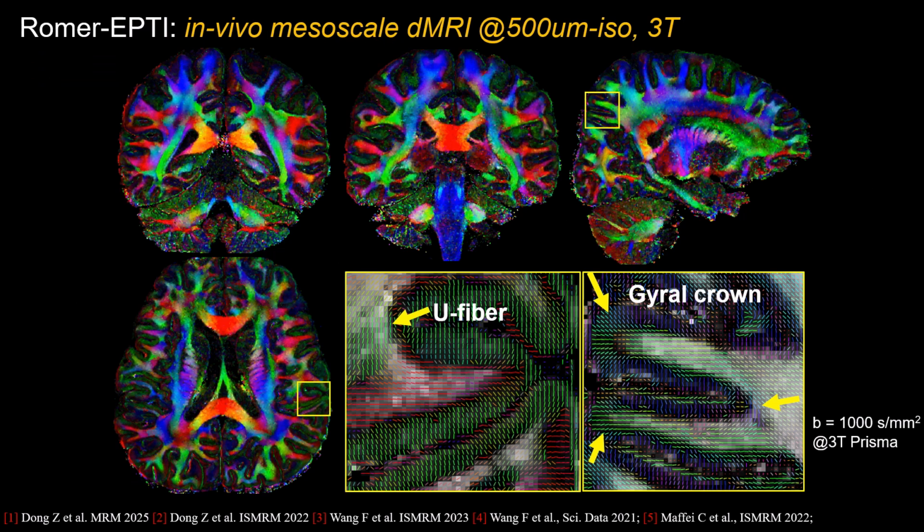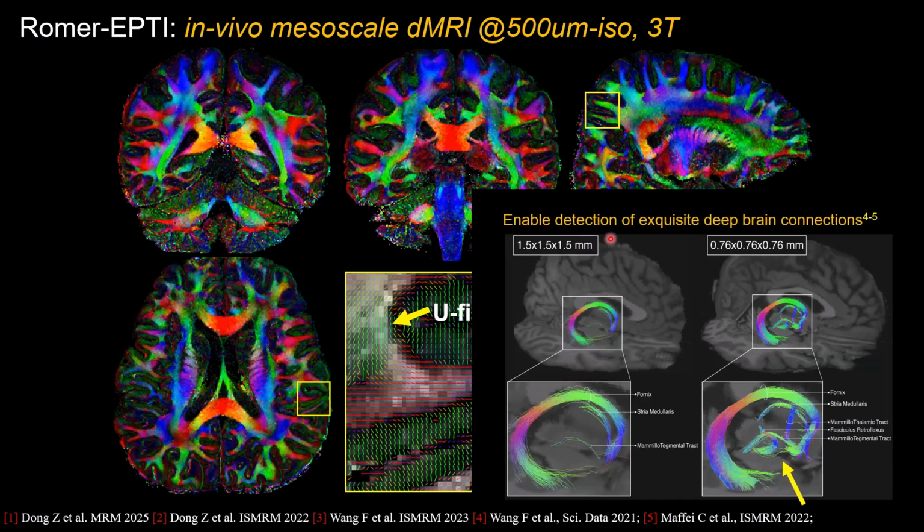At this high spatial resolution, we can start to resolve detailed structures such as U-fibers and also gyral chrome within the cortex. We've also shown that by improving the spatial resolution, we can start to resolve much more detailed structures in the deep brain area, which are important targets for surgical planning and deep brain stimulation.